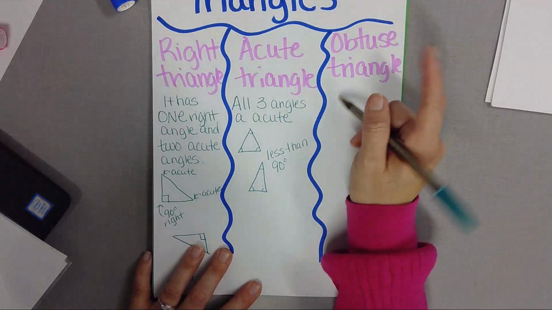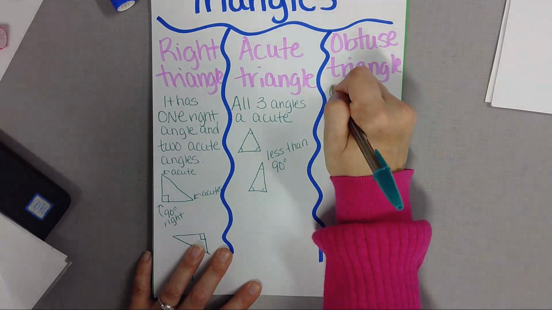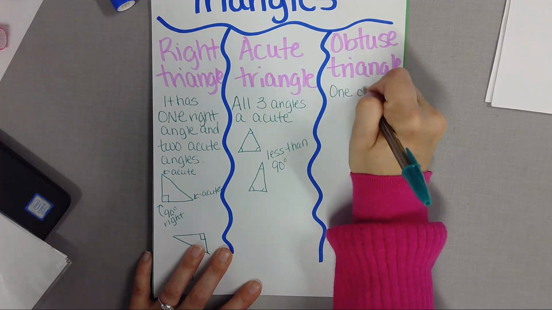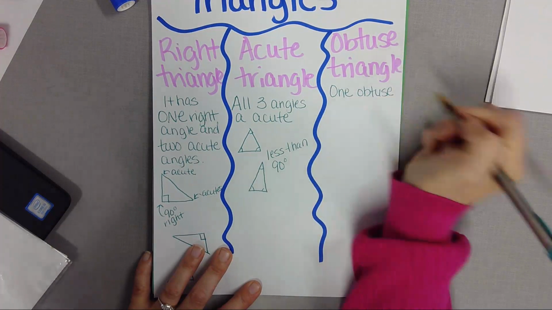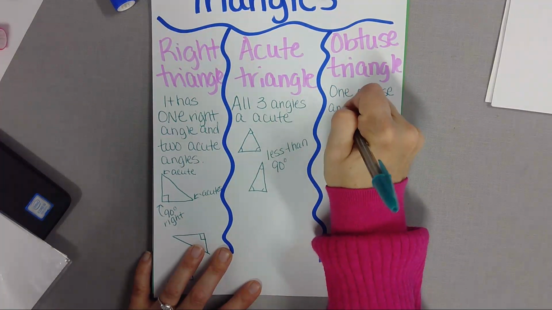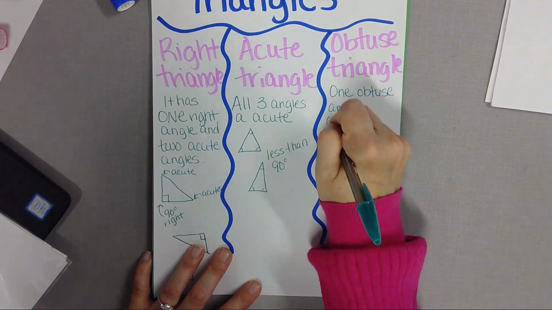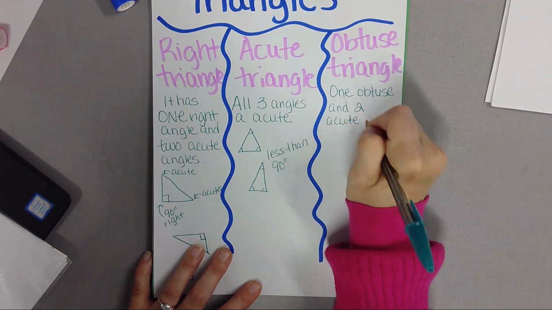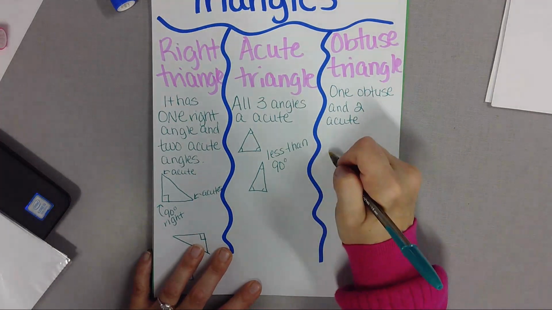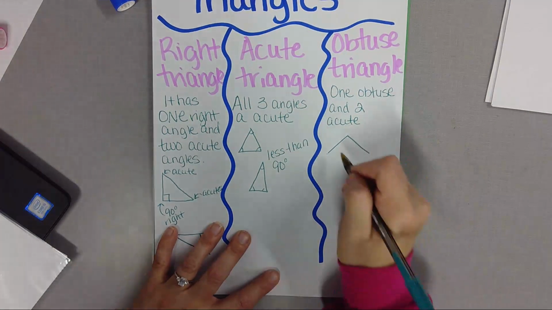Obtuse triangles have one obtuse and two acute. What is something that all three triangles have in common?